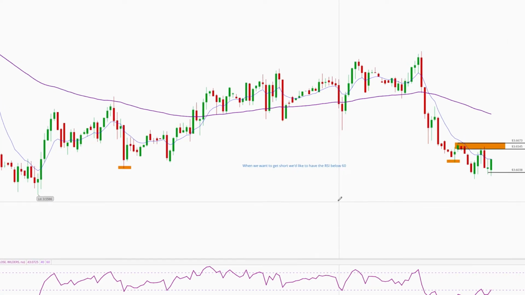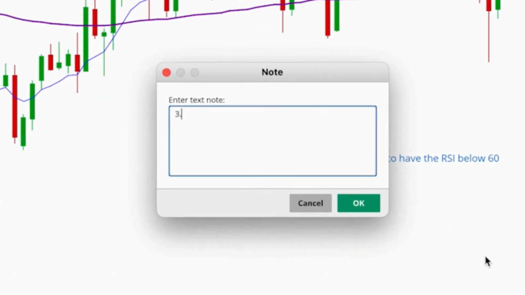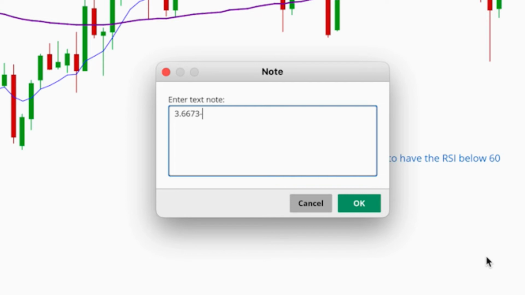So if I go 3.6673 minus 3.6545, bust out the calculator real quick, we get 128 points. So it's 0.0128, right?